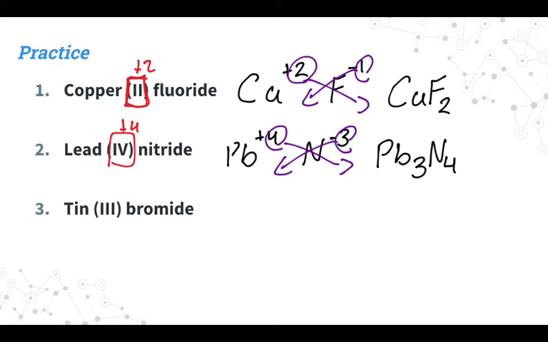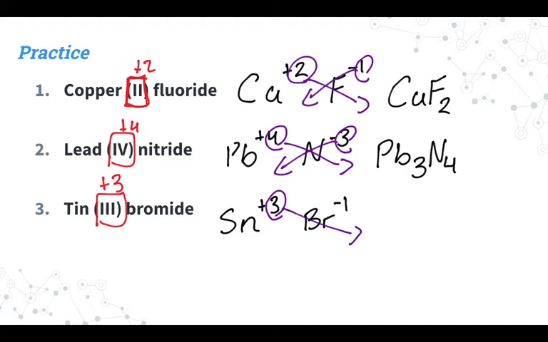Our tin(III) bromide. Tin, being Sn, will have this +3 charge. Bromide is bromine, and looking on the periodic table, bromine has a -1 charge. We'll cross these down, so we get SnBr3.